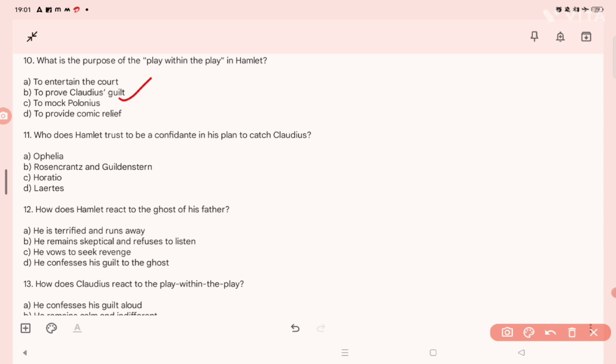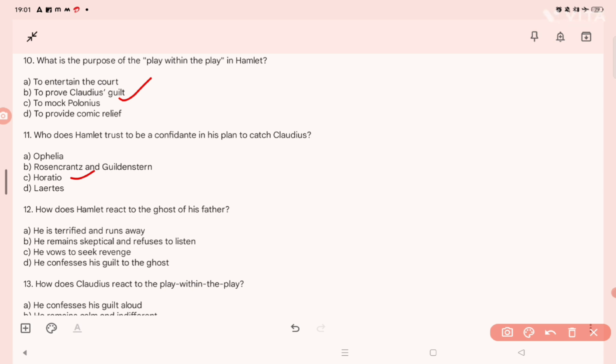Option B. Whom does Hamlet trust to be confident in his plan to catch Claudius? Horatio. Option C.